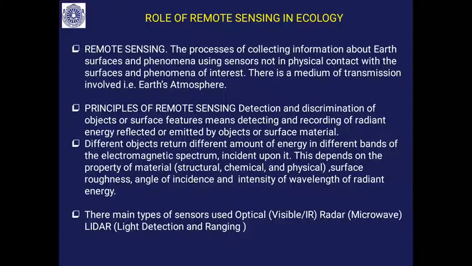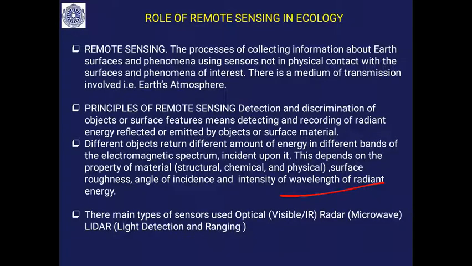It depends on the structure of the object, the chemical nature and physical nature of the object, surface roughness, angle of incidence, and intensity of the wavelength of the radiant energy. All these are the factors involved in the acquisition of data from the reflected energy from the various objects of the earth's surface.